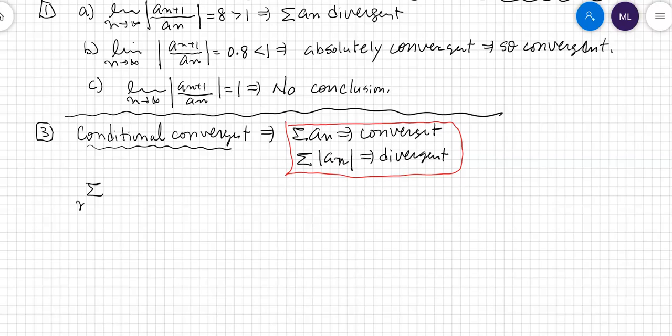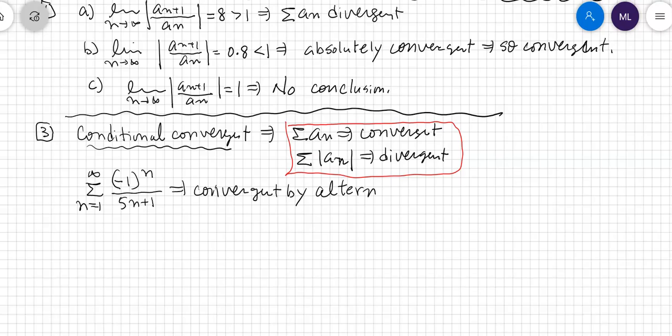Summation of n equals 1 to infinity, (-1)ⁿ over 5n plus 1. This guy is convergent. You check it by what? Alternating series test. But look at that.